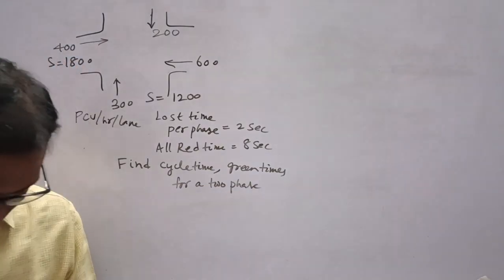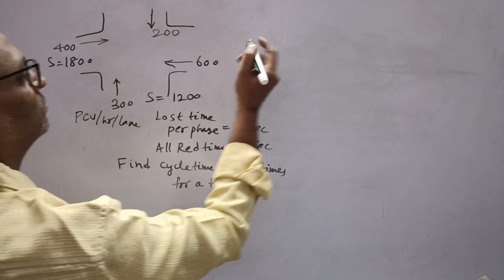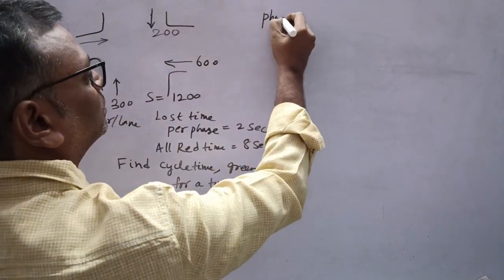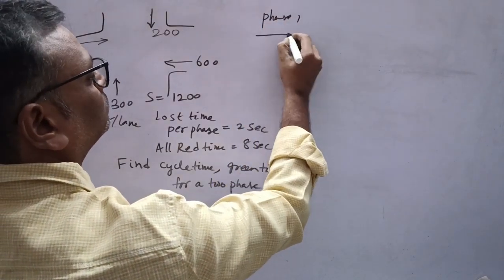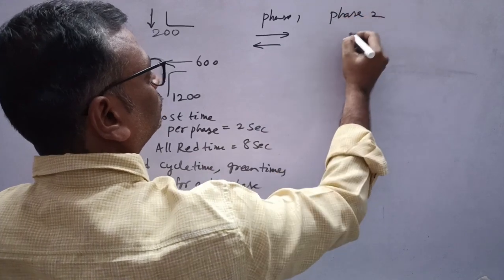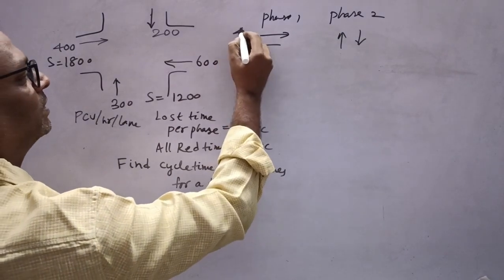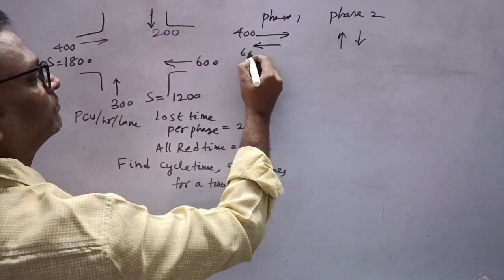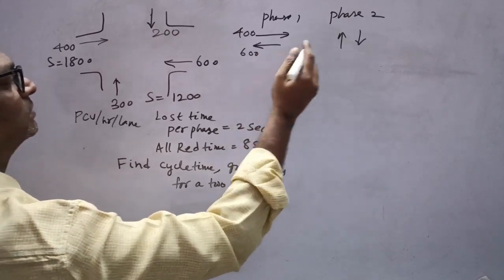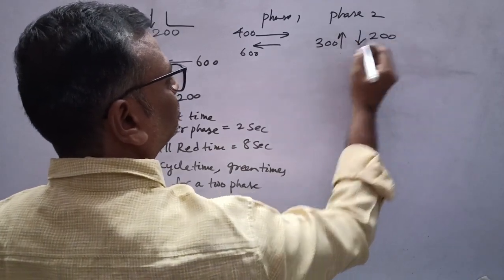For a two-phase signal, let us take this as phase 1 and this as phase 2. So we have 400 here, 600 PCU per hour per lane. Similarly 300, 200.